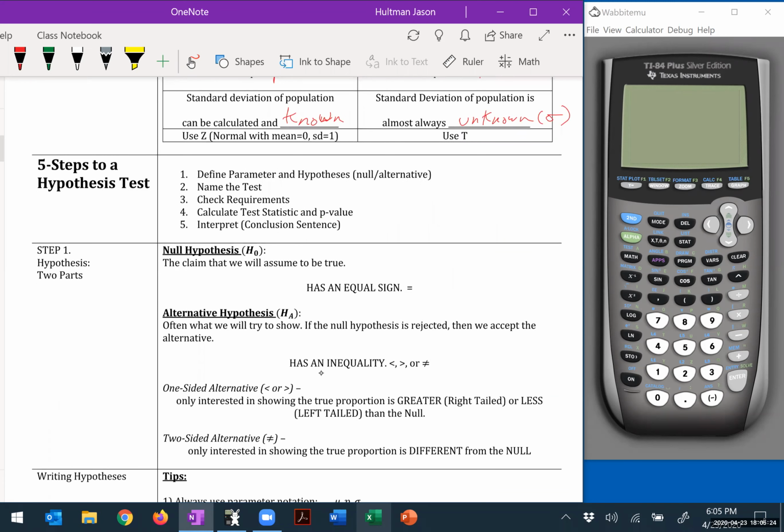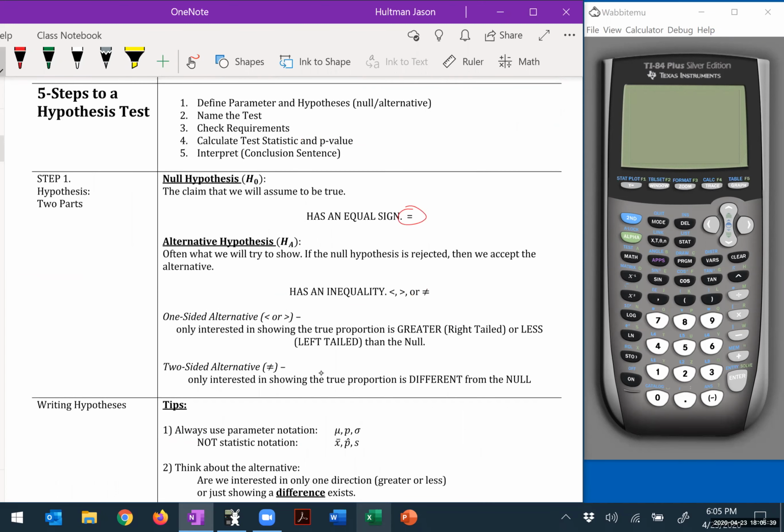Five steps to a hypothesis test. This is exactly the same thing that we did before. The null hypothesis, H sub 0, is the claim that we assume will be true, and it always has the equal sign. The alternative hypothesis is often what we will try to show. If the null hypothesis is rejected, then we accept the alternative. It has a less than, greater than, or not equal sign depending upon what is being asked.